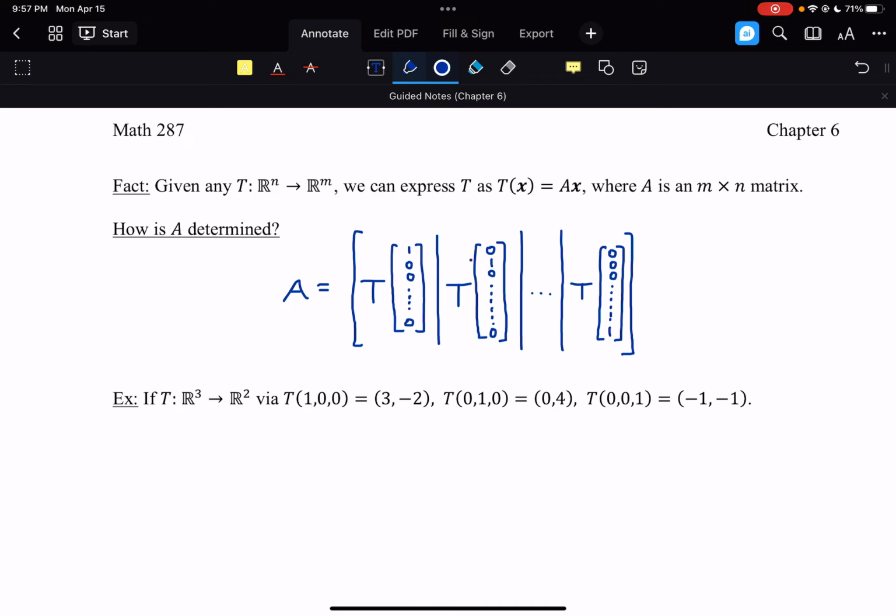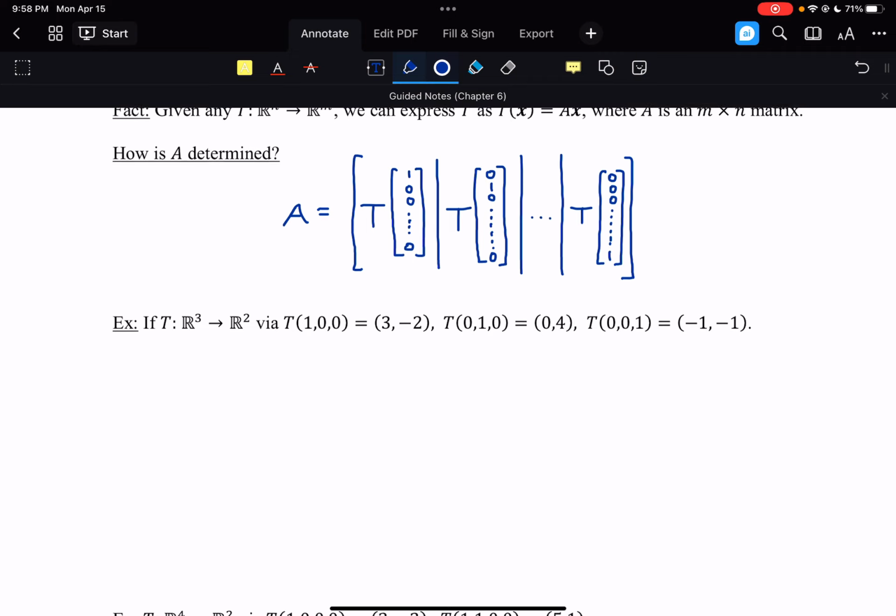We take all of those column vectors for x and transform them. Those transformations produce the columns of A. We saw that earlier when we looked at the column space. So if you take all those columns and put them next to each other, that forms the matrix A.